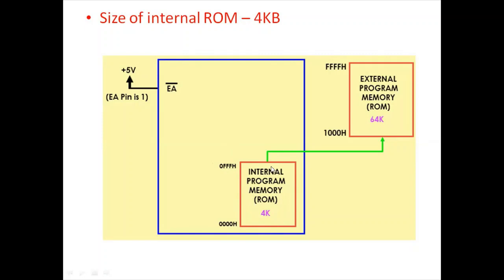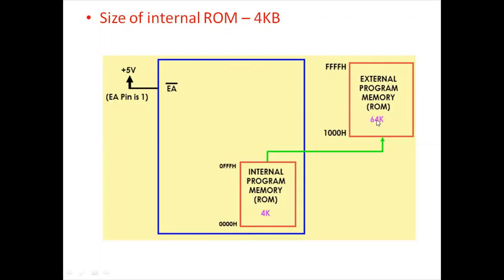What after 4 KB? What if my address is 1000H? In that case, automatically it will access your external program memory, that is external ROM. That means if EA bar is 1, the right option is it will first access the 4 KB internal ROM and the remaining 60 KB.